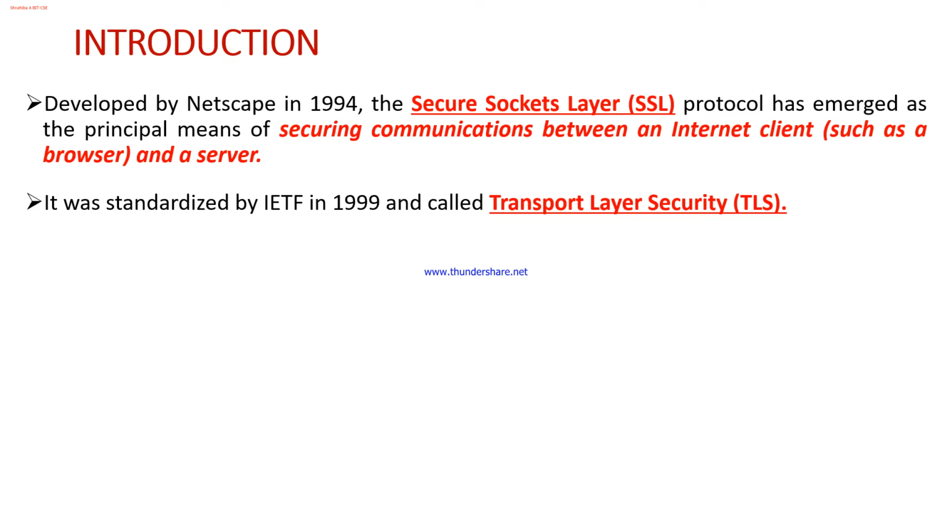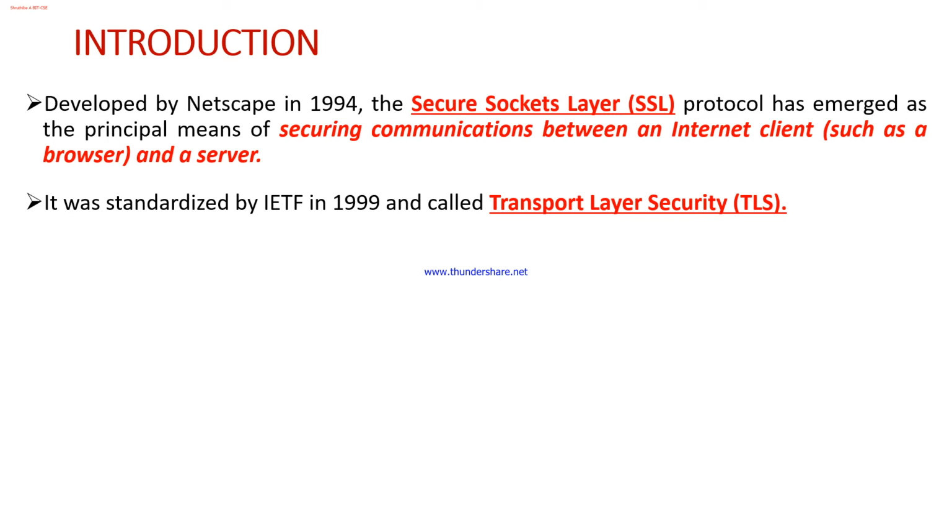This SSL is sandwiched between TCP and an application layer protocol. TCP and the application layer protocol, in between them the Secure Socket Layer protocol has been placed. That's the reason we use the word sandwiched.